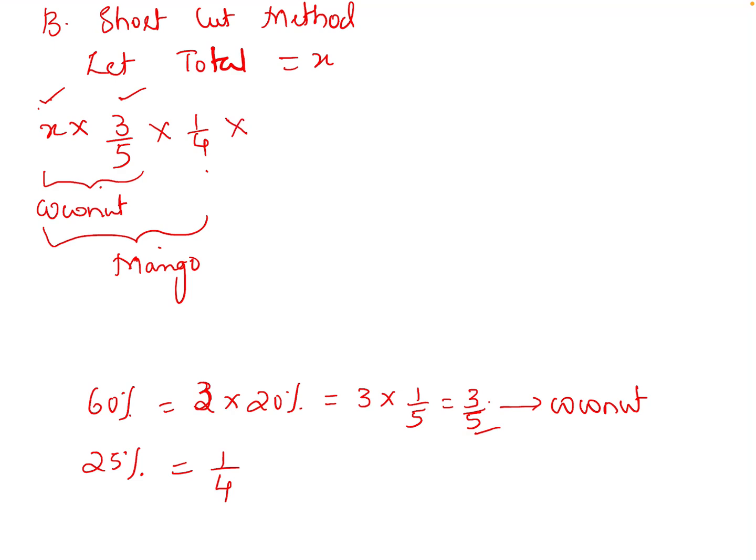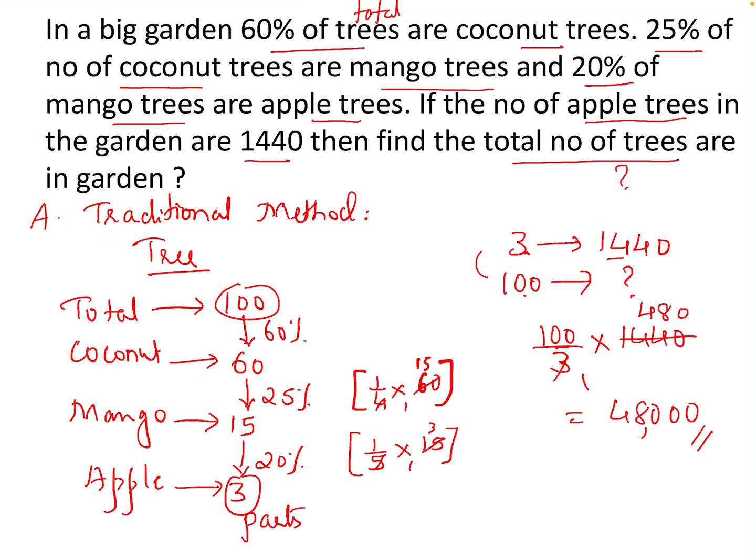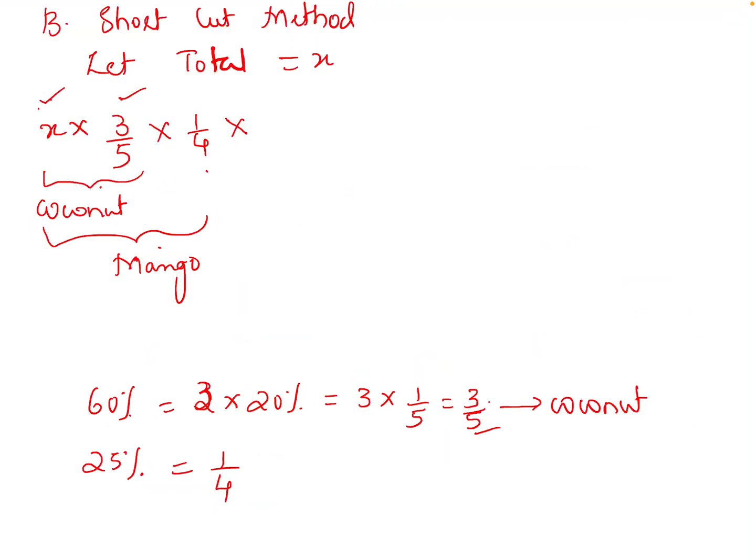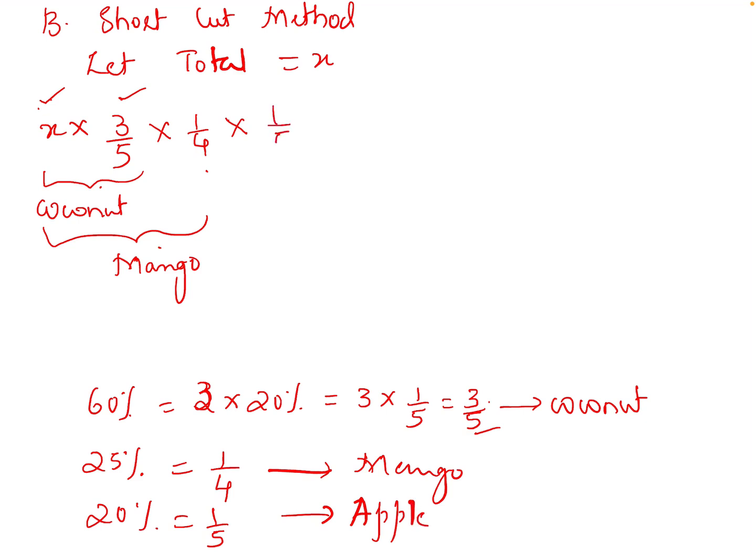Now into, 20% of mango trees are apple trees. So 20% we know it is 1 by 5. So 20% I'll write as 1 by 5. So this is apple trees.